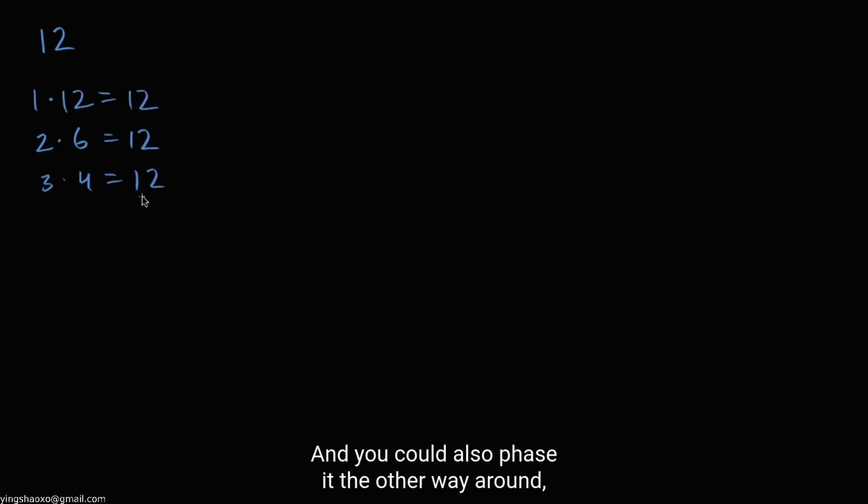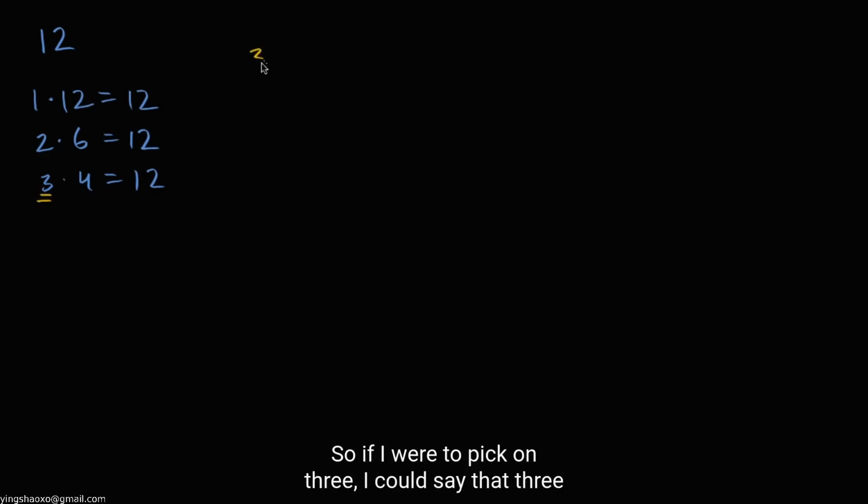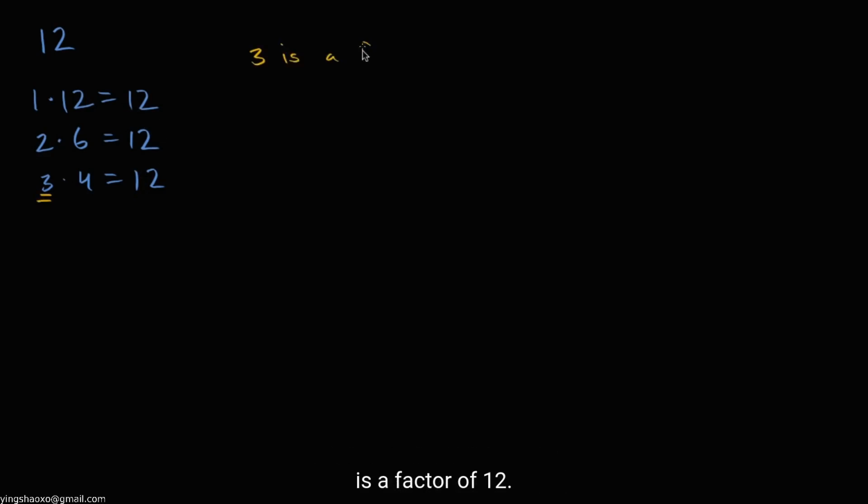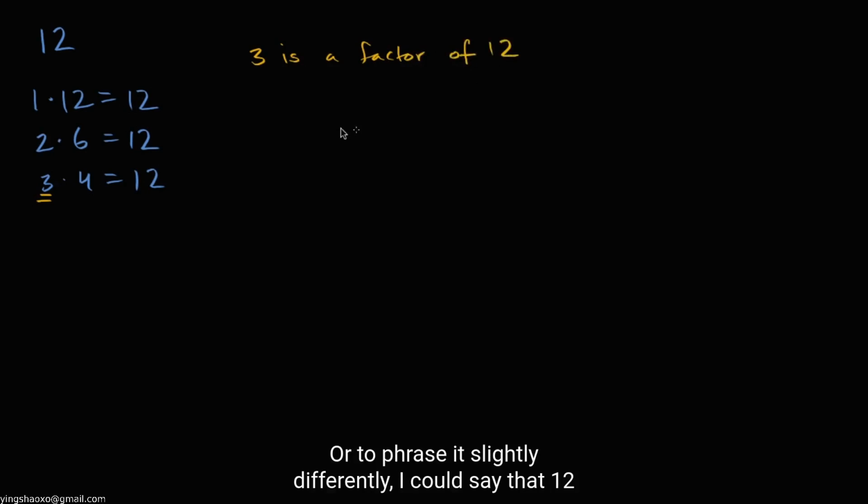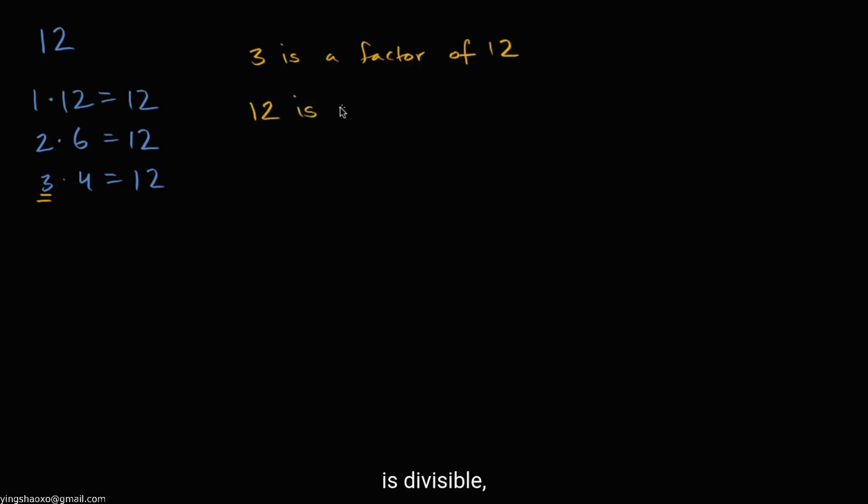And you could also phrase it the other way around. So let me just give an example. If I were to pick 3, I could say that 3 is a factor of 12. Or to phrase it slightly differently, I could say that 12 is divisible by 3.